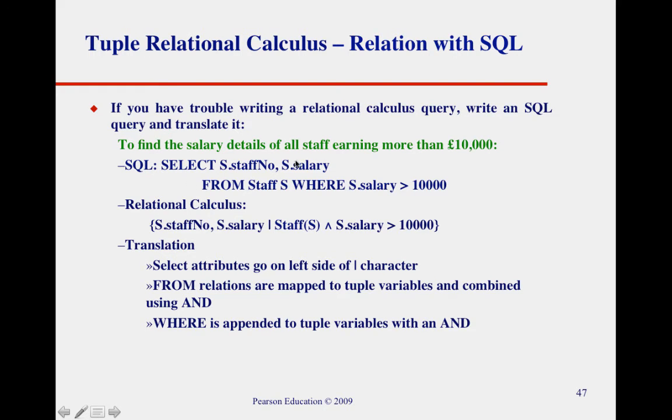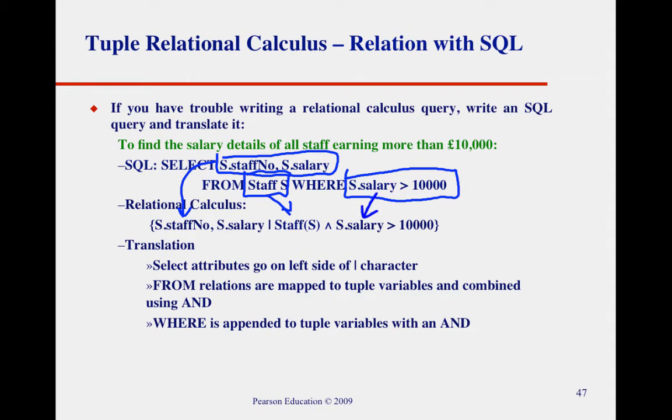There we go. And then you know, based on what Dr. van der Zanden said, that these go to the left of the bar because they're the projection. These must be my tuple variables, and this, whatever is here, must be my predicate. And sure enough, this maps to the left side, this maps to a tuple variable, and this maps down to my predicate, which is conjoined with the tuple variables.